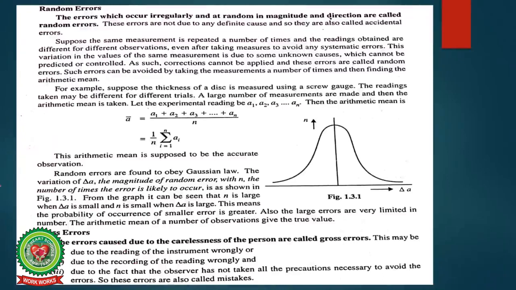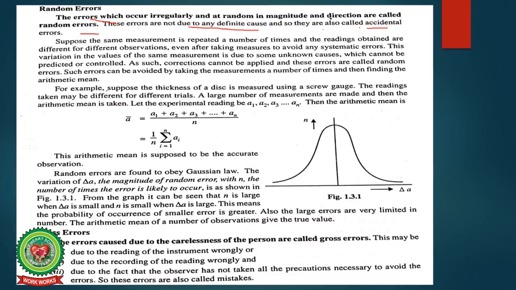Okay, let's see your book. Random errors are the errors which occur irregularly and at random in magnitude and direction. This is the definition. They are not due to any definite cause, so they are also called accidental errors.